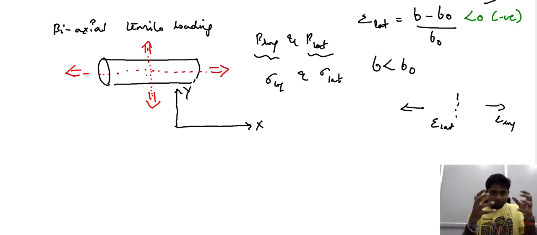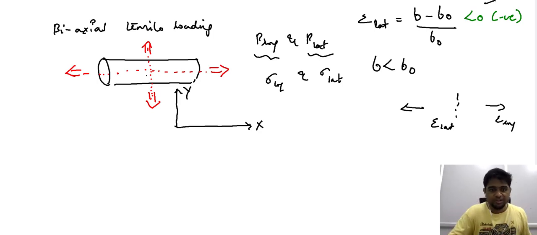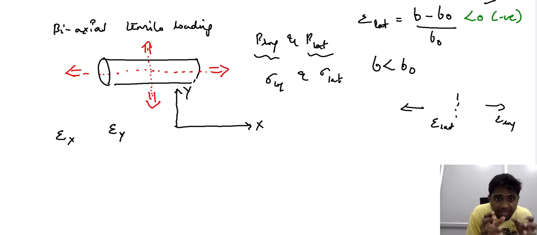So we have now loading in two directions. Along the loading direction, we can expect a response, which means we can expect a strain. Therefore, there will be a strain along the x-axis, and also there will be a strain along the y-axis, and these two strains are in response to the load along the x-axis and the load along the y-axis.